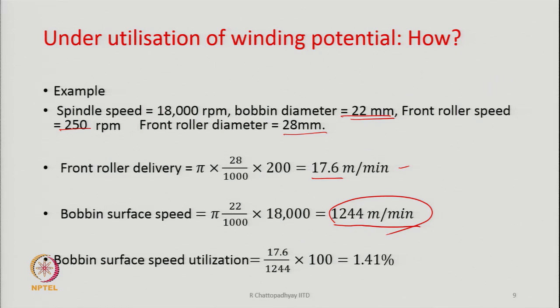But how much is it actually winding? Only 17.6 meters in a minute. So, what is the utilization of bobbin surface speed? 17.6 by 1244 into 100, that gives you a figure of only 1.41%.